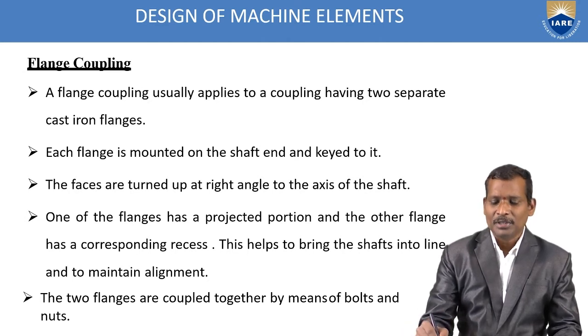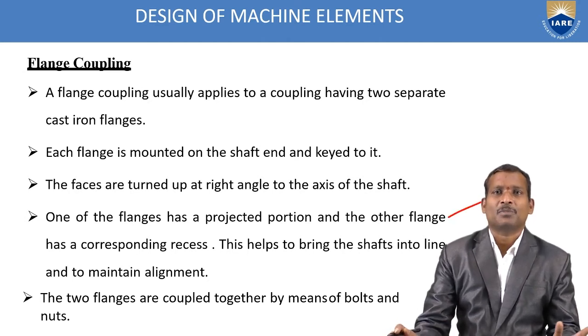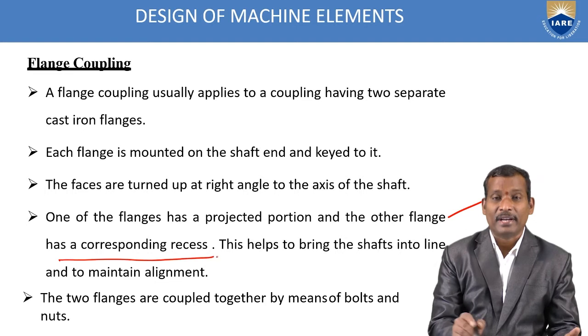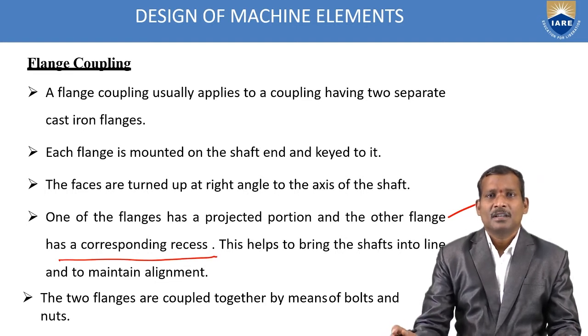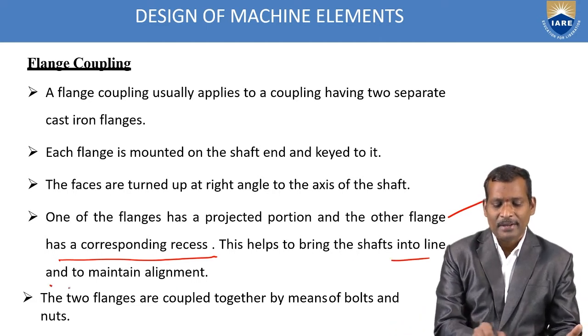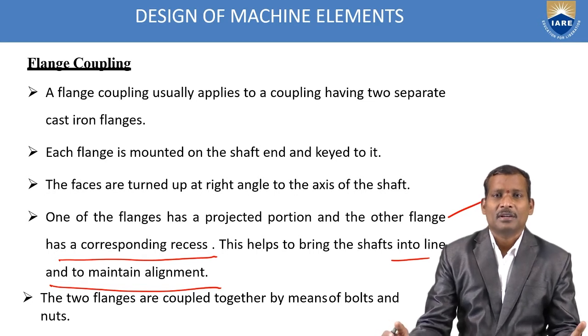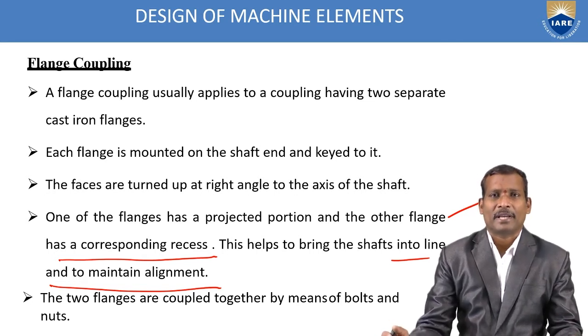Next, one of the flanges has a projected portion, as shown in the figure, and the other flange has a corresponding recess. This helps to bring the shafts into line and maintain alignment with the other shaft axis.